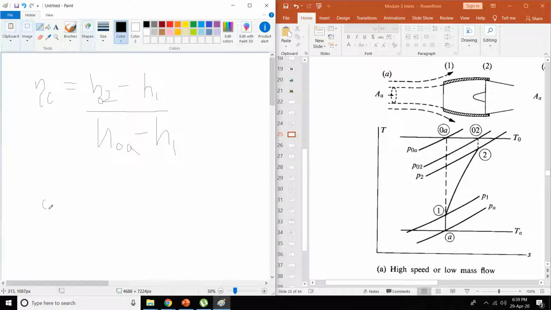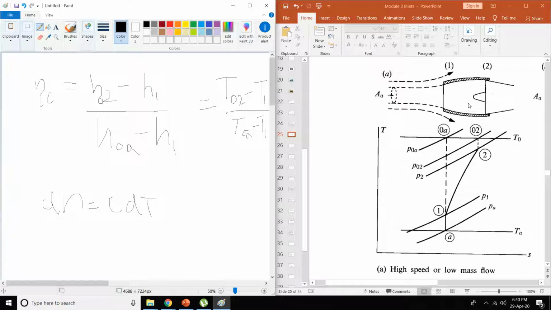But we know dH is equal to C delta T, from the first derivation we obtained. Since C is constant, if you take the ratio, this can be directly equated to the corresponding temperatures. So this will be equal to T0A minus T1.